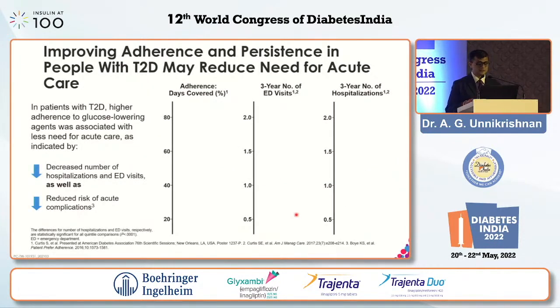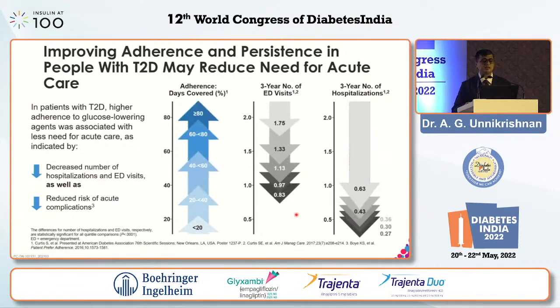And improving adherence, and this is not for any one drug, it could be for any drug or lifestyle, if you improve patients' adherence to diet, physical activity, and medication, you can actually reduce the need for acute care. The study showed in type 2 diabetes, higher adherence to glucose-lowering agents was associated with less need for acute care, fewer hospitalizations and reduced complications.